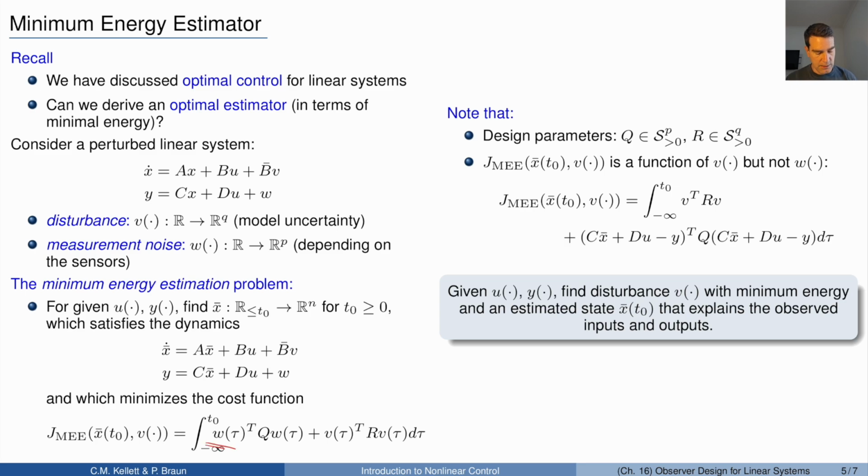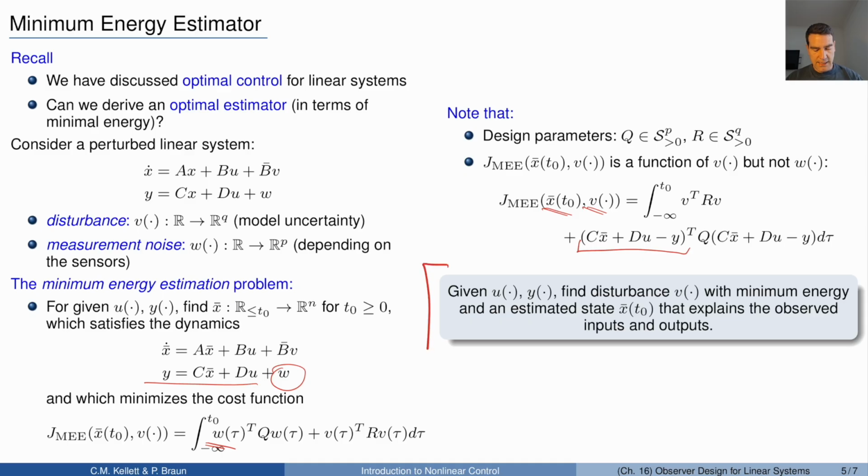Even though it looks like J here is a function of the noise W, we can replace W here with the expression which only depends on Y, X bar and U, and replace that in the expression of the objective function. So it's really just a function of the disturbance and the current state.